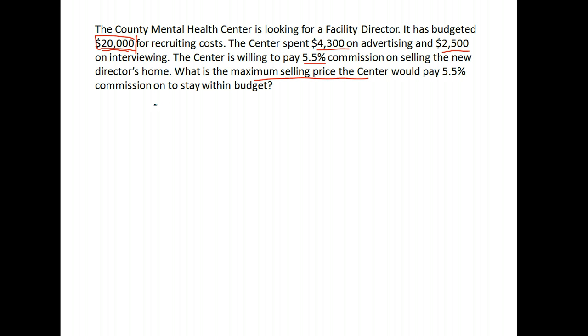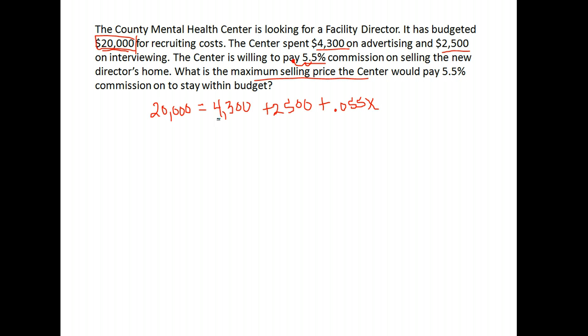So let's go ahead. The total, $20,000, has to be equal to or less than the $4,300 plus the $2,500 plus the 0.055. Remember, we moved that decimal 2 places to the left, and times x, because this is the price of the home and that's the part we don't know yet.